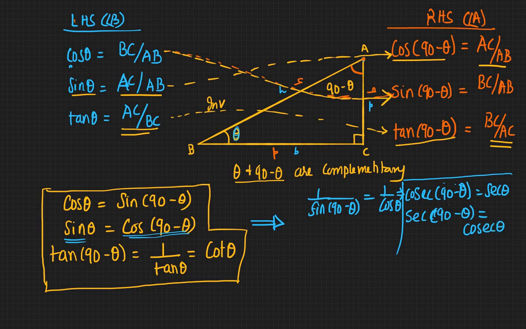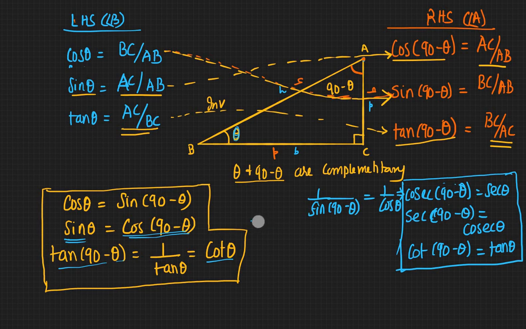And similarly, we can inverse tan of 90 minus theta, which is cot of 90 minus theta, would be equal to 1 by cot theta, which is tan theta. This is more like a corollary of your main relationship, but you can also establish these relationships through the ratios.